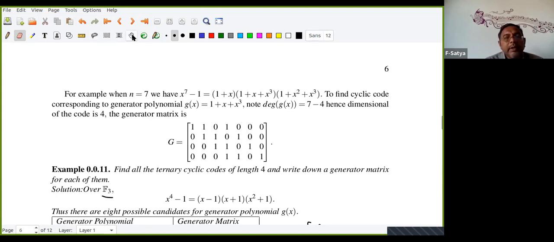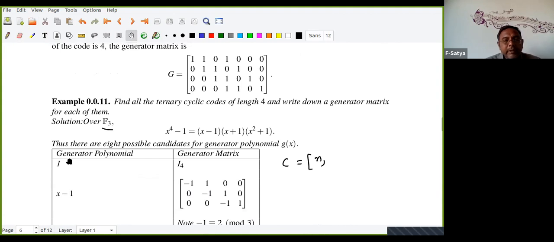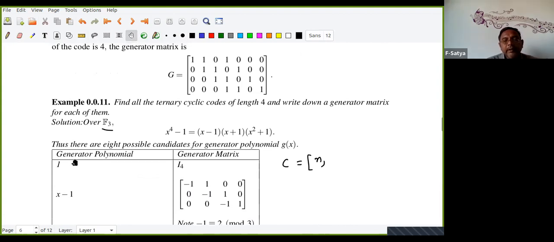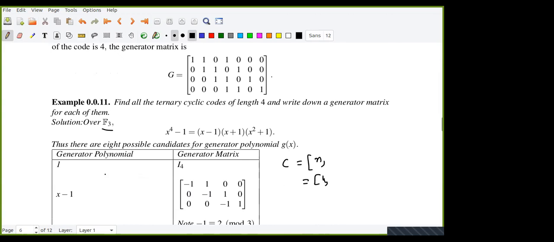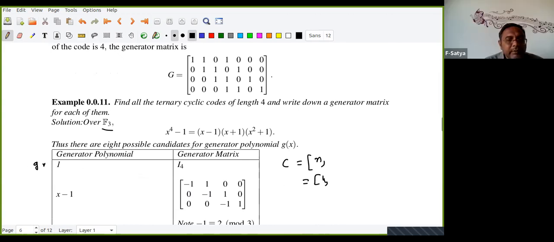Now can you tell me, when G(x) is 1, what is the cyclic code dimension? G(x) is 1. So what do I do?